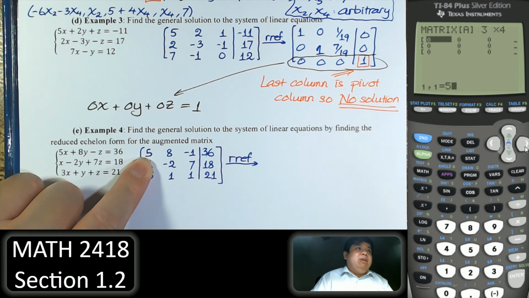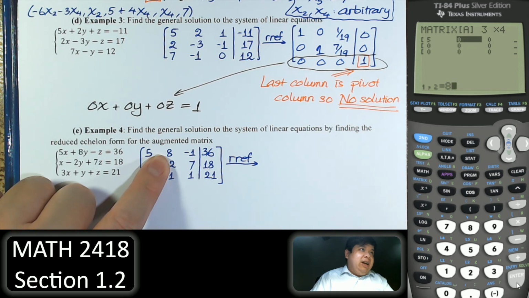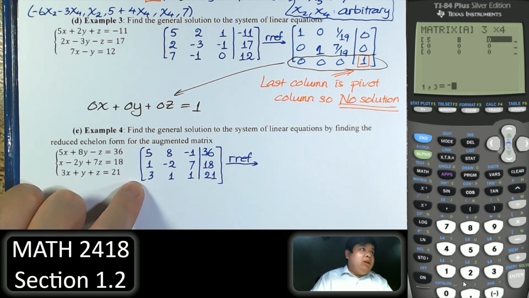The next key doesn't work, so enter 8, enter -1, enter 36, 1, -2, 7, 18, 3, 1, 1, and 21.